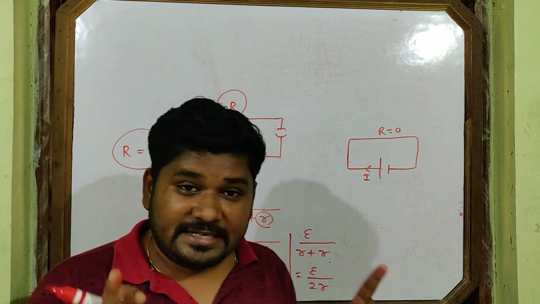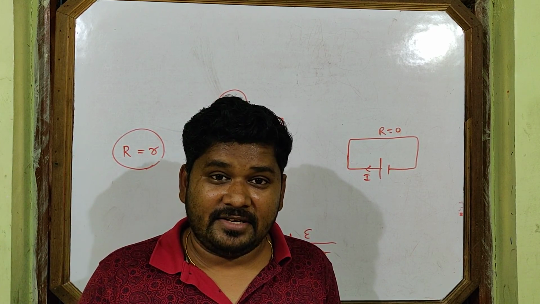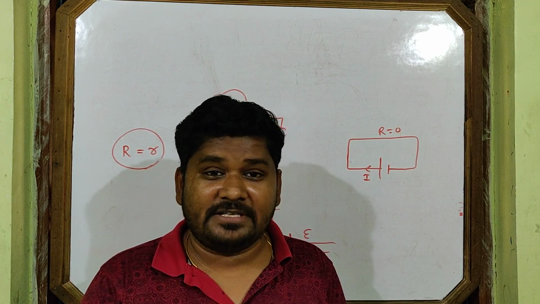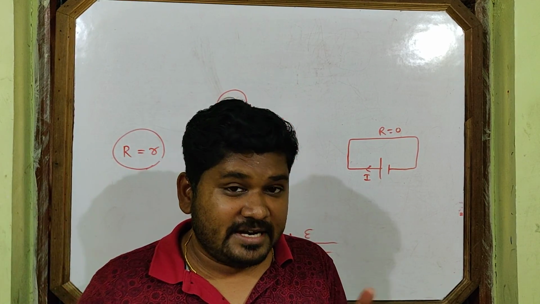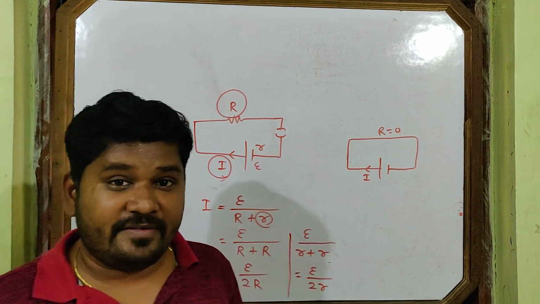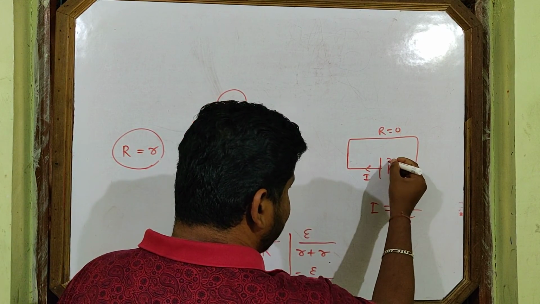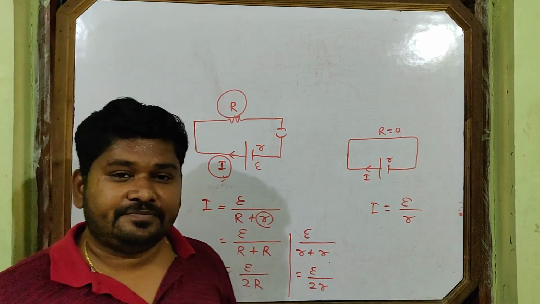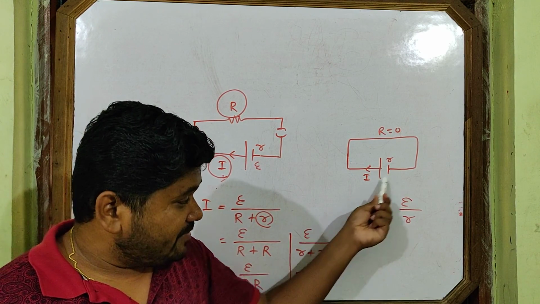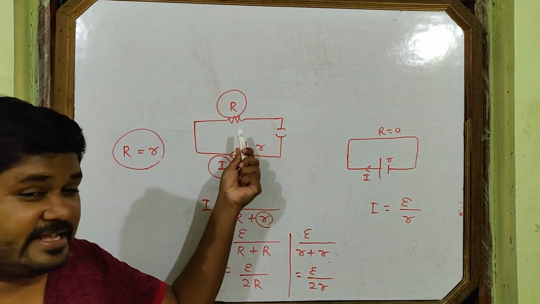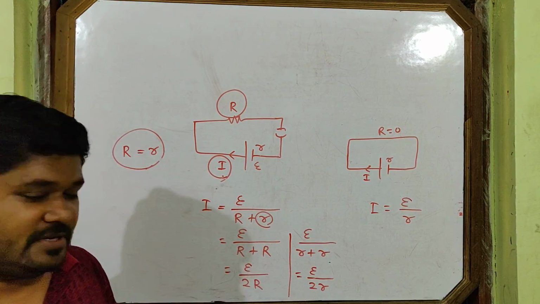But if the question gives only a cell of EMF E and internal resistance R and asks for the expression of maximum current which can be drawn, and the external resistance is not given, then it is the short circuit current, E by R, when no external resistance is there. But when external resistance is connected and given in the question, the maximum current will be E by 2R, just half of it.